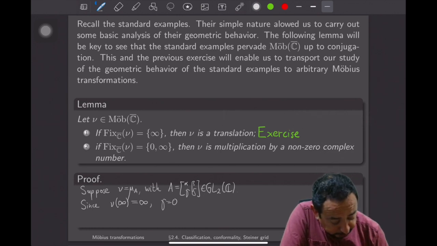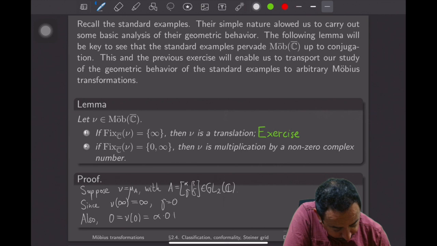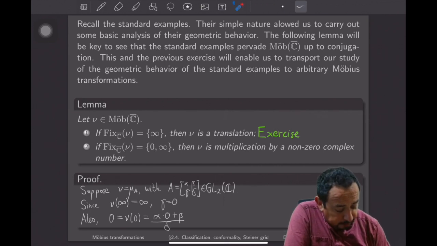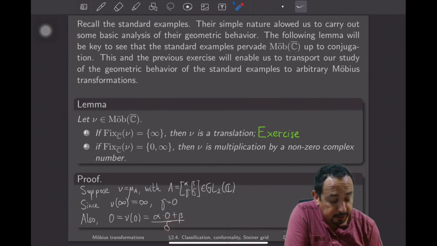Now, since 0 is a fixed point, 0 is equal to nu of 0, which is alpha times 0 plus beta, divided by delta. As a side note, since I already know that gamma is 0, I also know that delta cannot be 0 because A is invertible.